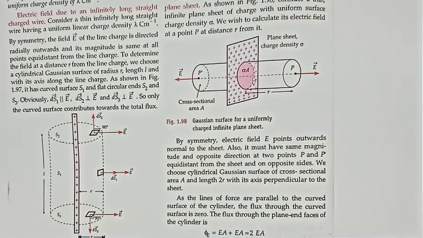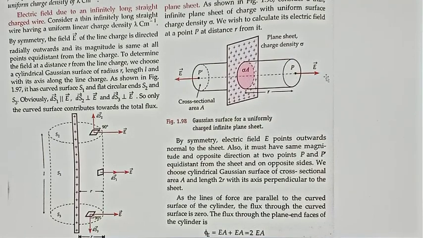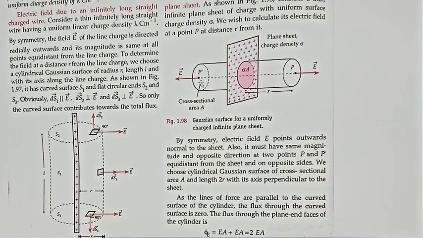One is P at a distance r from this side and P dash at a distance r from the other side. If you want to draw the electric field vector at point P due to this positively charged plane sheet, then the electric field vector comes out like this, and for point P dash also you can see the direction of the electric field vector.